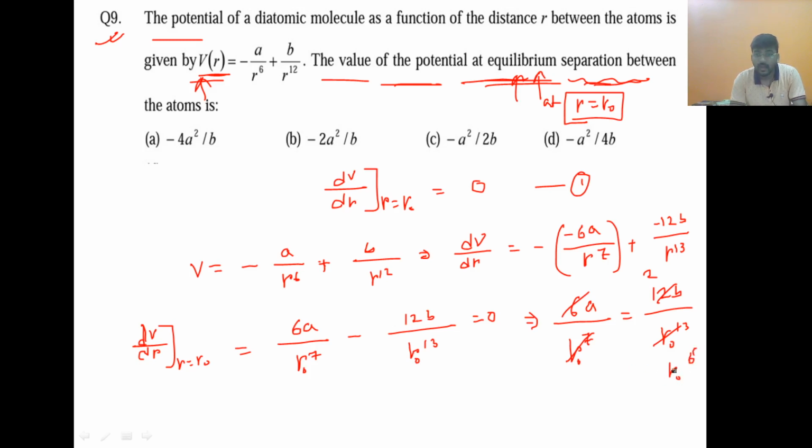Okay, so a r0 to the power 6 is equal to 2b. So r0 is equal to 2b divided by a, to the power 1 by 6. This will be the equilibrium separation.